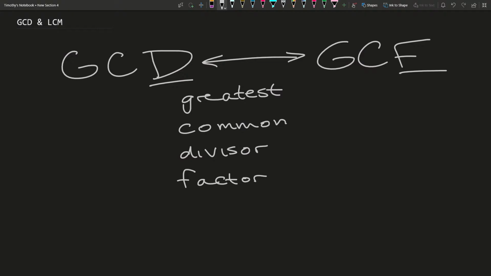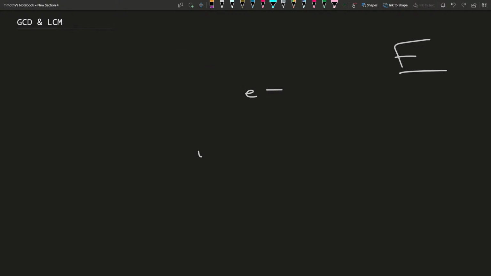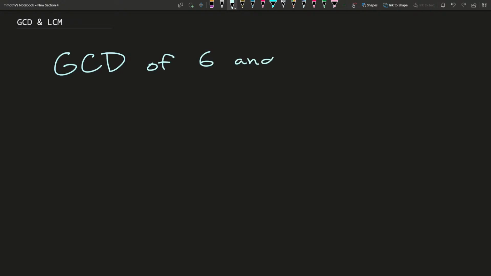So let's look at a few examples here. Okay, so if we take the GCD of, let's say, 6 and 8, what we should notice is that the GCD is equal to 2.